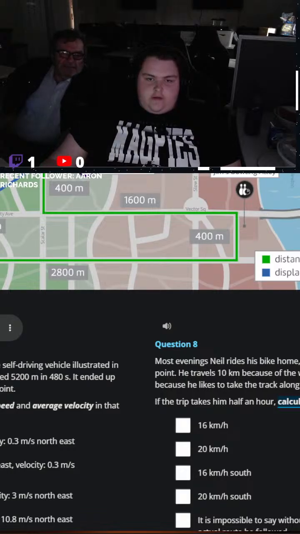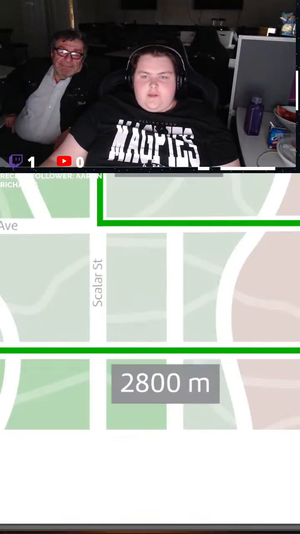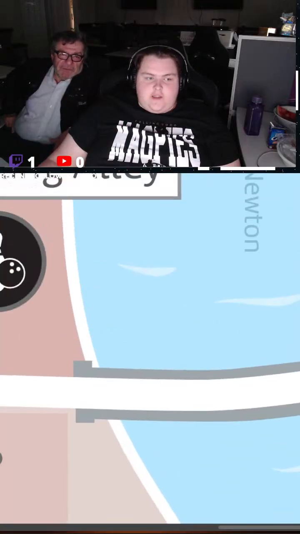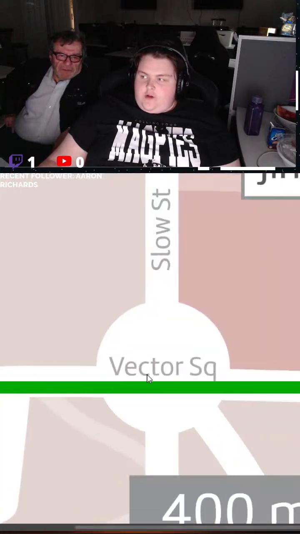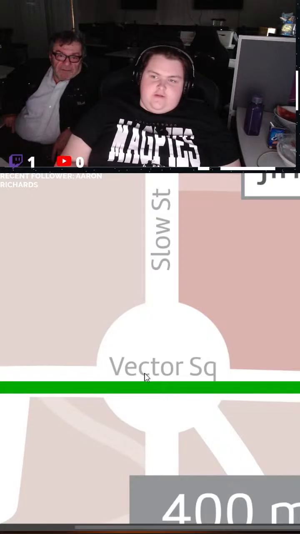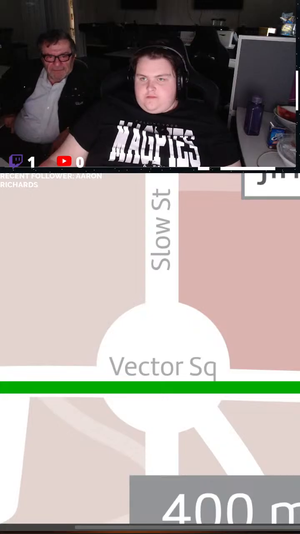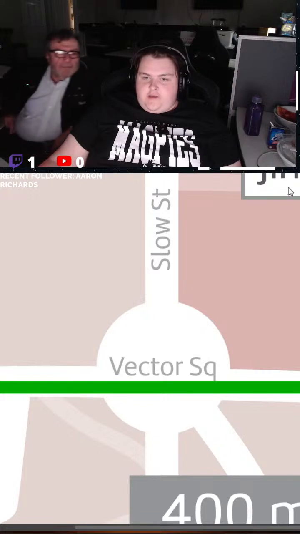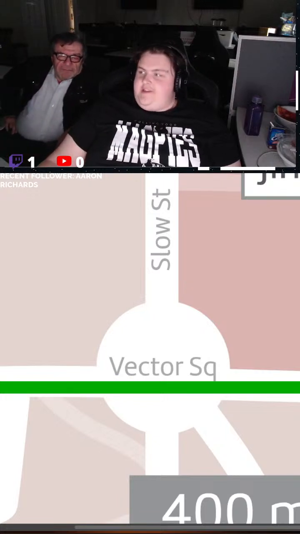Yes, okay. So, hold on, I just... calculate... oh my God. Average speed. Hold on, give me a sec. I just realized something. That looks like a roundabout. Does that not look like a roundabout? Yeah, I just realized that. Third exit. Oh yeah, third exit. Fourth exit, and then probably 4.5 exit.